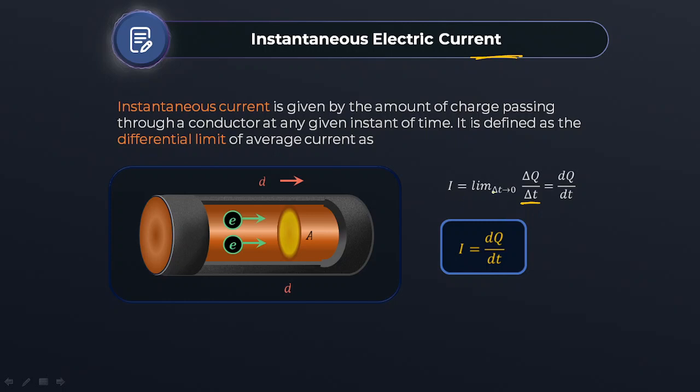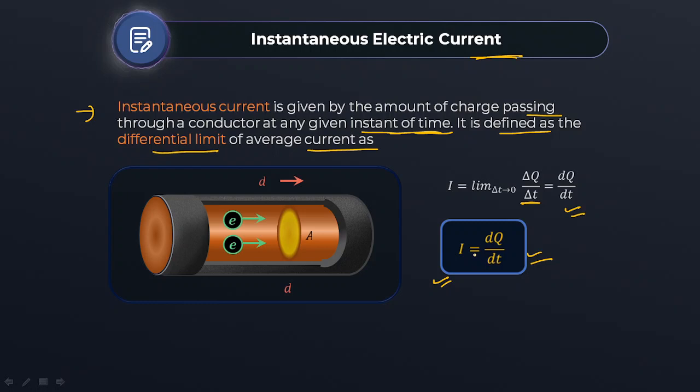So we write I equals limit delta t tends to 0 of delta q by delta t, which is dq by dt. So instantaneous current is the amount of charge passing through a conductor at any given instant of time, defined as the differential limit of the average current. So I equals dq by dt.